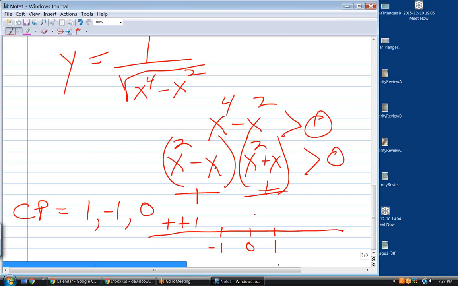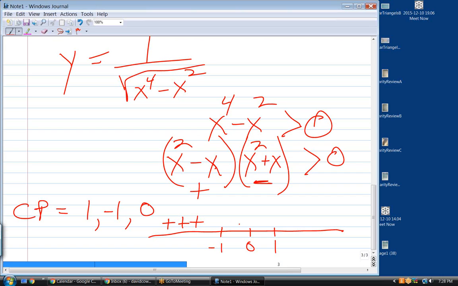Now let's try a number in between 0 and -1. Let's try -1/2. When I put in -1/2, this is still positive, and this becomes 1/4 - 1/2, that's negative.